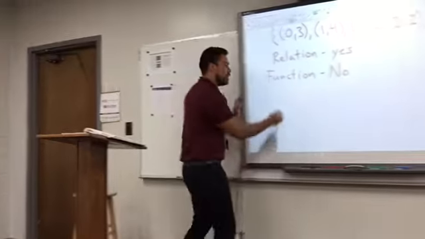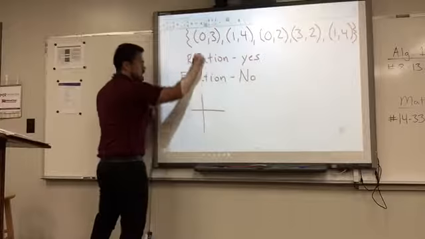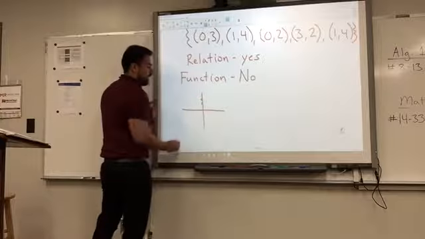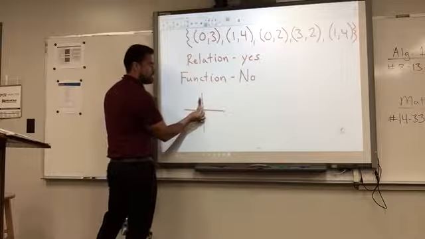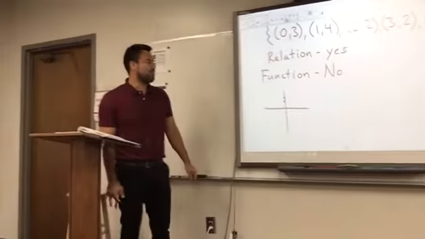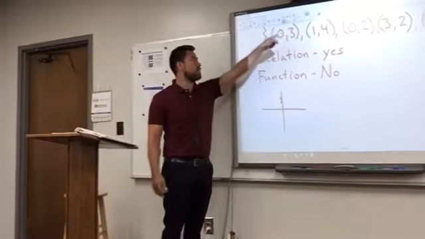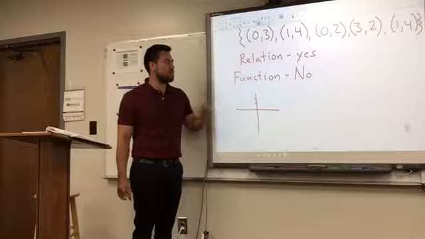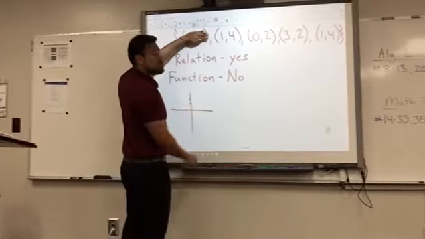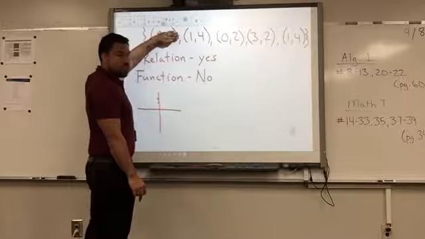By the way, if you were graphing this, 0, 3 would be right here, and 0, 2 would be right here. You do the vertical line test, and it fails. So it would no longer be a function. You guys see that? With the numbers and with the vertical line test. All right, but let's say, for illustration's sake, that was gone. Would it be a function, yes or no?